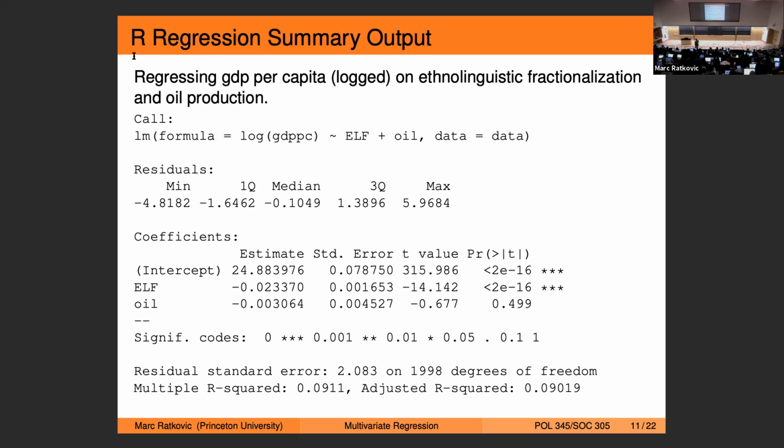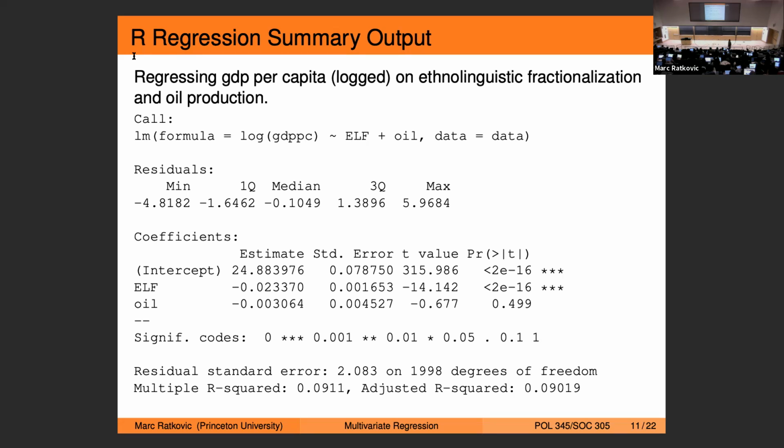But now we ask, is the effect statistically significant? So what we're imagining is a country with a certain level of ethno-linguistic fractionalization, and then 2 countries with oil that differ by 1. And then what does that do? Well, that leads our predicted value of log GDP per capita to go down by 0.003. Is that statistically significant?